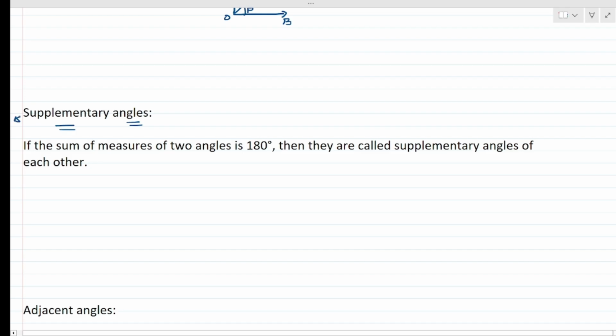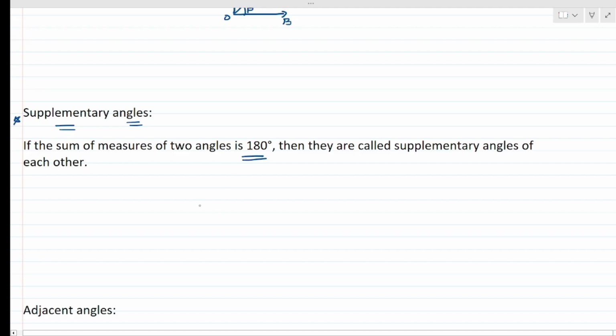Supplementary angles means the sum of the measure of two angles is 180 degrees. Earlier, the summation was 90 degrees for complementary angles. Now, it's 180 degrees.